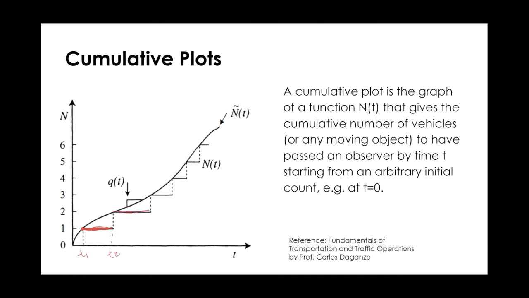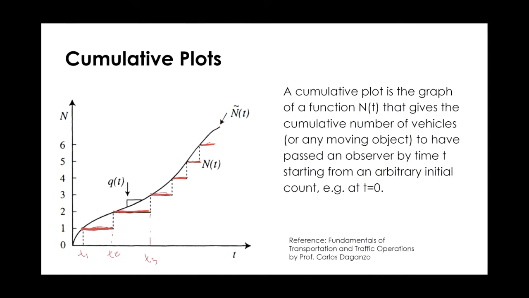So we'll see a jump in the cumulative plot, and then it remains 2 until we see the next vehicle. If the next vehicle appears at time t3, then we'll have another integer jump, and this keeps going. So the actual cumulative plot is called a stepwise function.